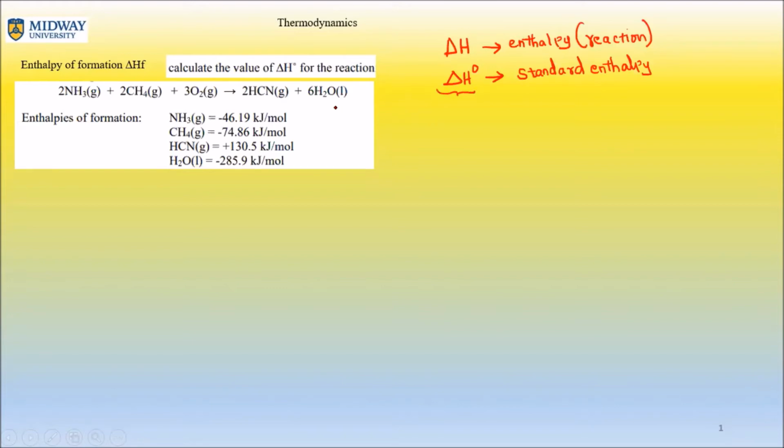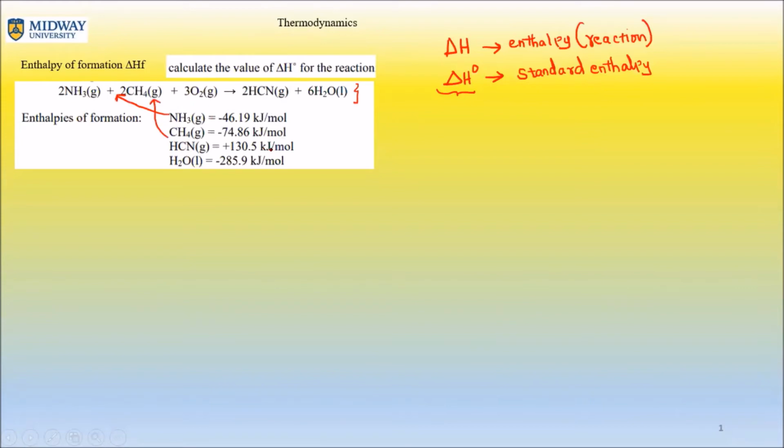Now the question is asking, calculate the value of delta H0 for the reaction. Okay, this is the reaction, and you are provided a list of values. That is, you are provided the enthalpy of formation of ammonia, CH4. O2 is missing.